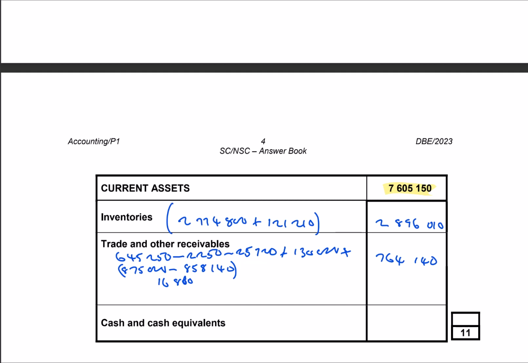So this will give you 3,945,000. So that will be your question on income statement. It was fairly a straightforward question that you could easily answer how it is.